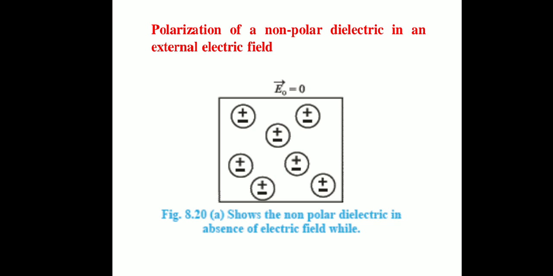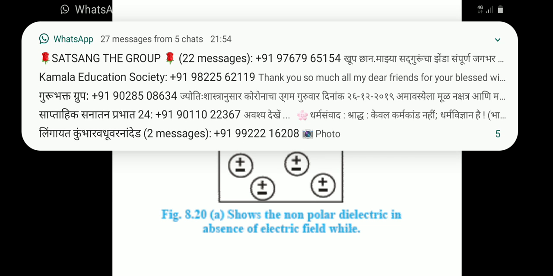So there is no charge separation, and as there is no charge separation, the electric dipole moment remains zero. So the non-polar molecules are present within the dielectric material, and we call the material unpolarized.